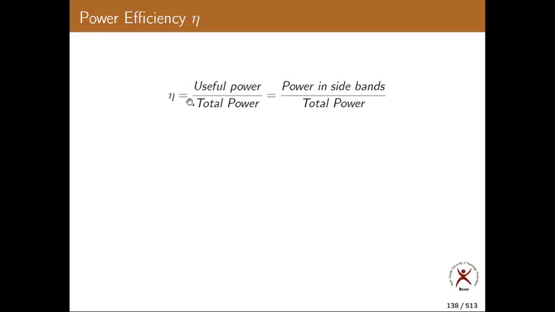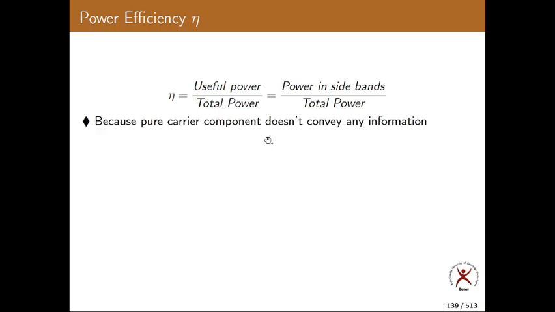That's why the useful power is nothing but the power in sidebands, divided by total power. The reason is that the pure carrier does not convey any information; the information is in the sidebands only. So the pure carrier component at fc does not convey any useful information. This is a very important thing about AM.